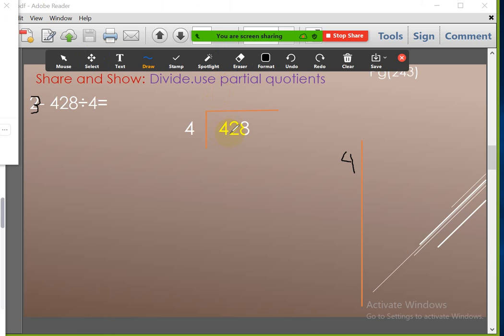This is a 100 number, so I will choose 100 and multiply the 100 with the divisor. 4 multiply 100 equals 400. So I will put the answer for this multiplication here and subtract the answer from the dividend.